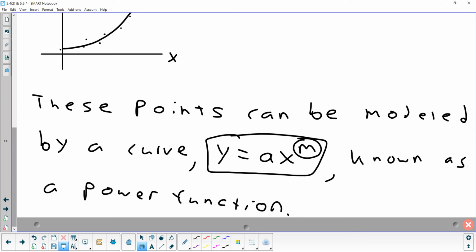In polynomials, you never have a fraction as the exponent. So an example of a power model could be like y equals 3x to the 2/5. That's an example of something that could be a power model. So kind of like a one-term polynomial, but the exponent could be a fraction.